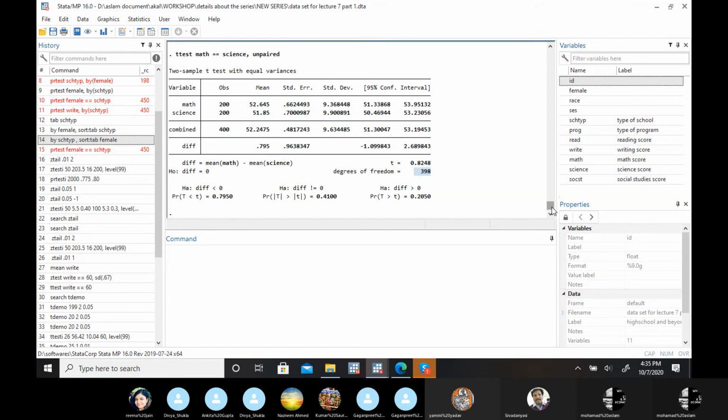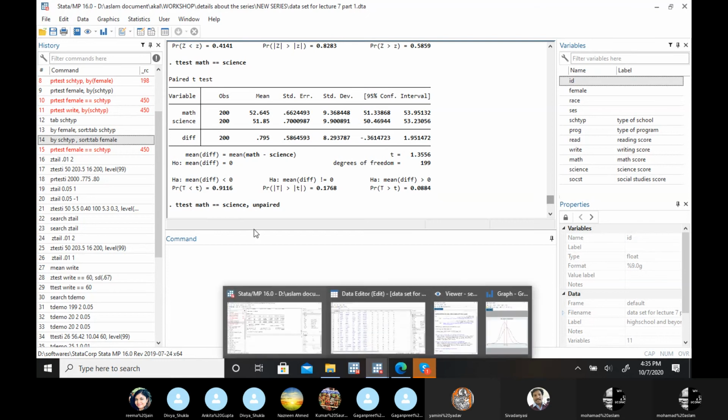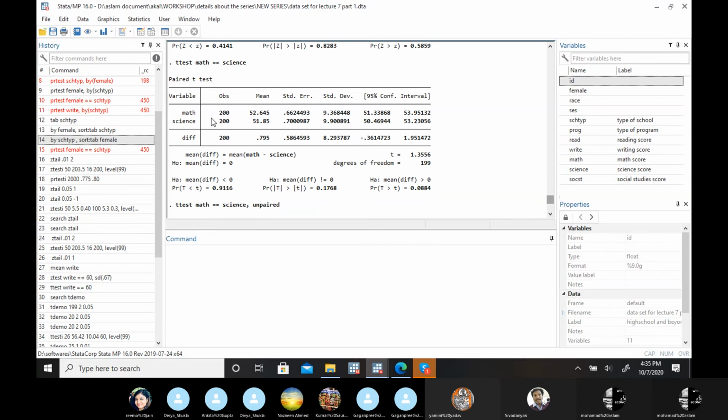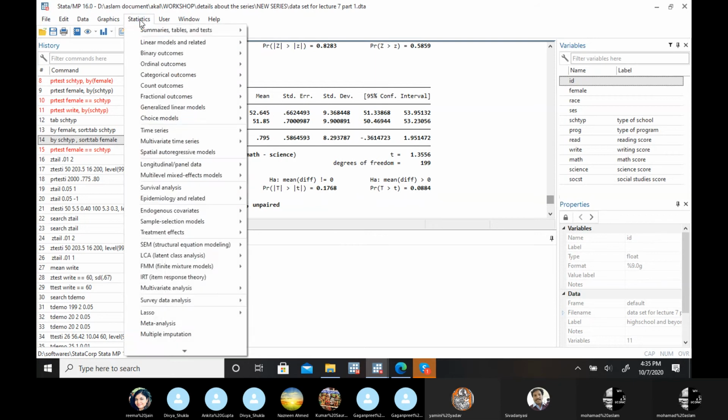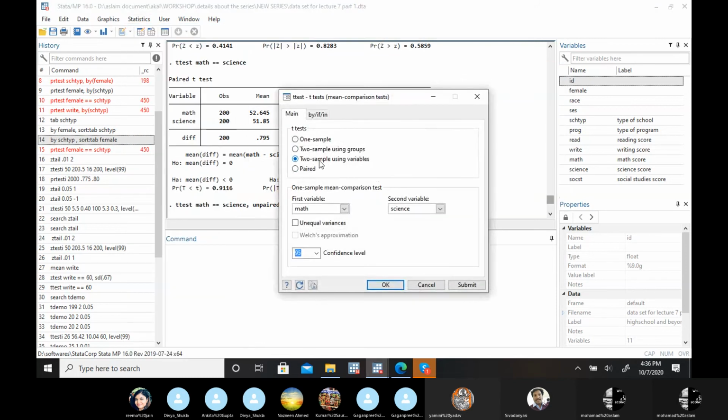And in the first case, it counted them as paired, that these are the paired observations. So it's a 200 sample test, and these are the two variables. So this is the difference in this particular command: if your case is unpaired, then you can go with this option, two sample using variables.